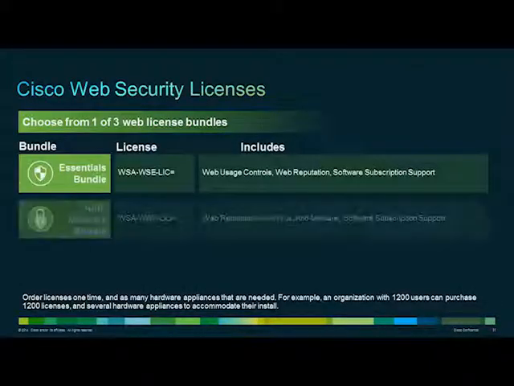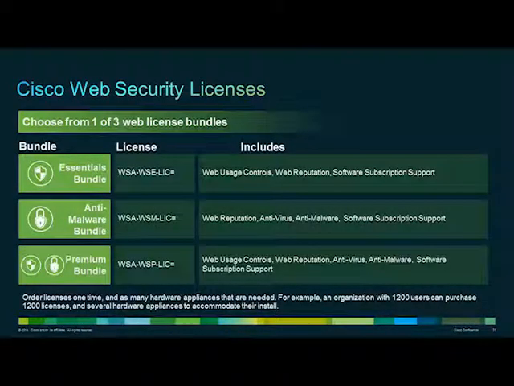The licenses are split to match potential customer requirements. The Essential Bundle gives web usage controls, web reputation scoring, and the software subscription service. The Anti-Malware Bundle includes the reputation scoring with antivirus and anti-malware capability, and the Premium Bundle enabling complete capability with all features.